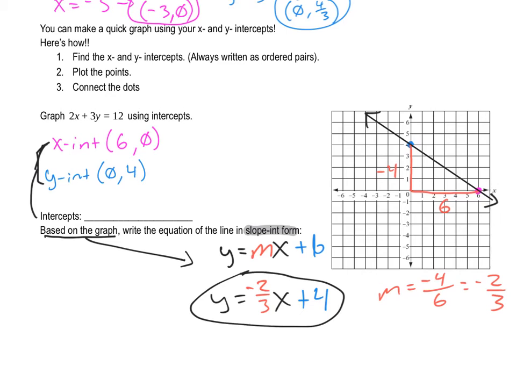Is that the only way to get that equation? Well, let's say we didn't want to graph it, and we just wanted the slope-intercept equation from the standard form equation. How can we get this into slope-intercept? Do we need to stack them? If we have just the equation, how can I convert it?